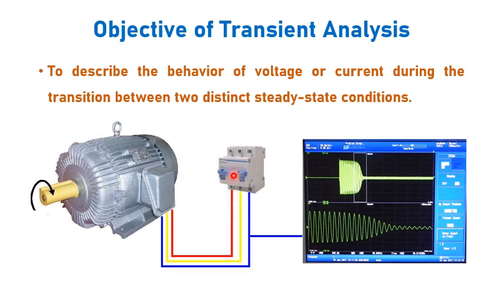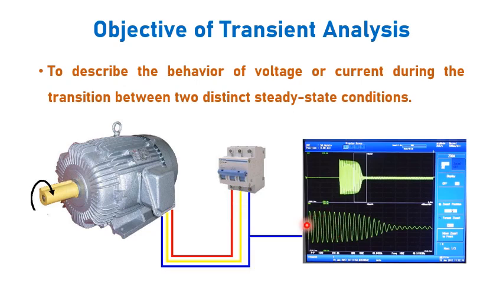Before the switch is turned on, the current flowing through the phase is 0. You can see here the current is 0. Once the switch is turned on, the current suddenly rises to a huge value, and then slowly it is reduced to a normal steady state value. This part of the current waveform is shown zoomed here.